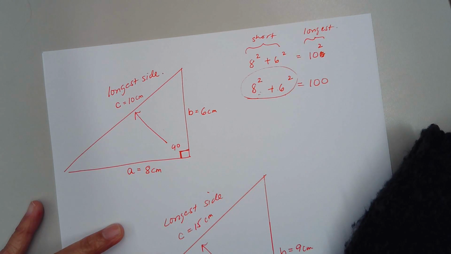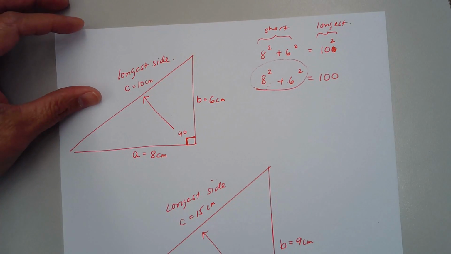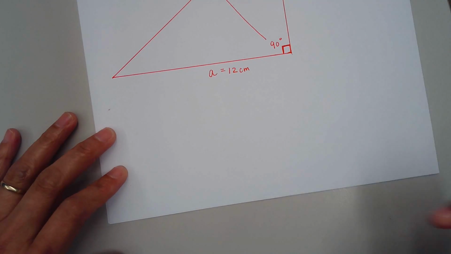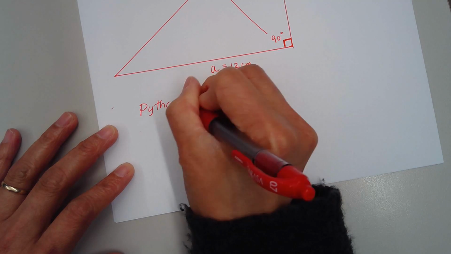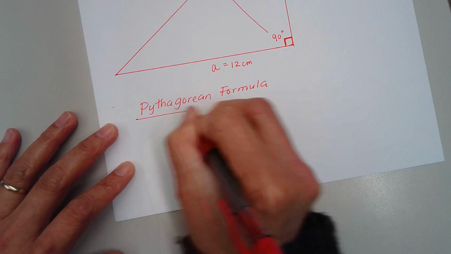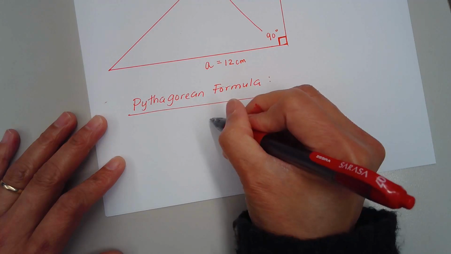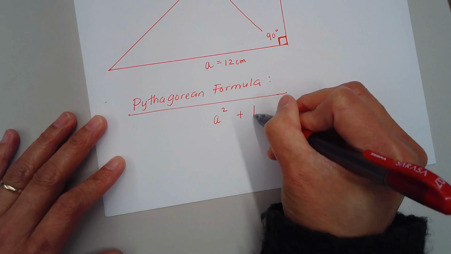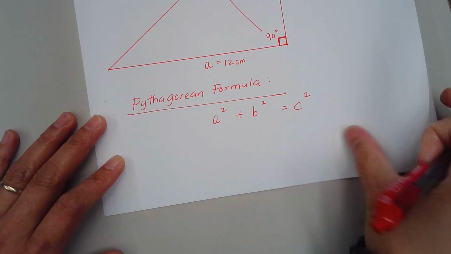So the A and the B are the two short sides of a right triangle. And then the C, how do we describe the C?